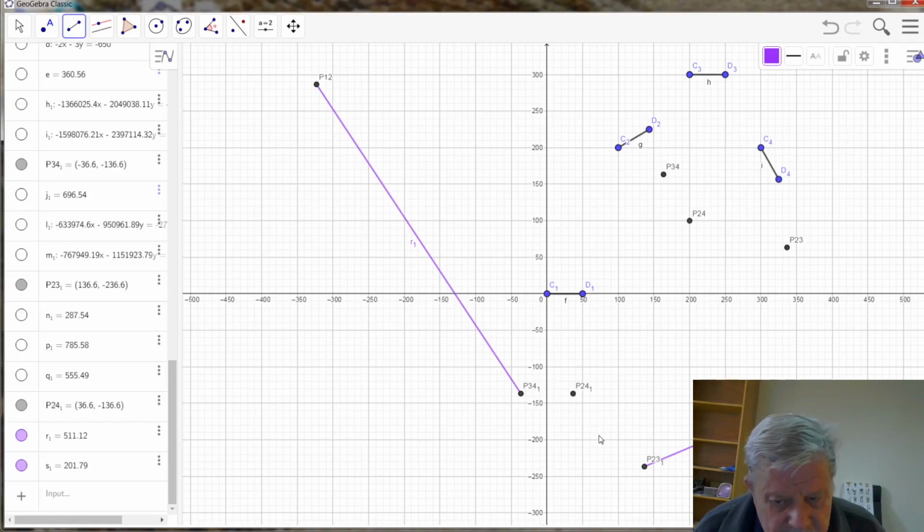P13 is at infinity. It will be a line from this point to a point at infinity in that direction. Now, I will not be able to use that. It's of infinite length. I'm not going to that. So I have these complementary poles.